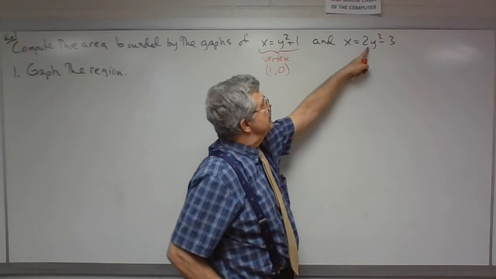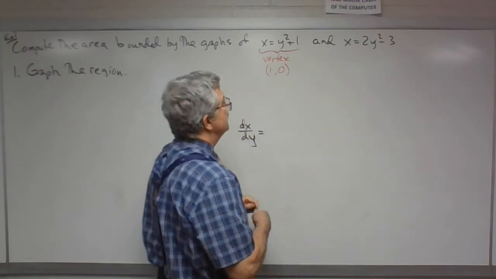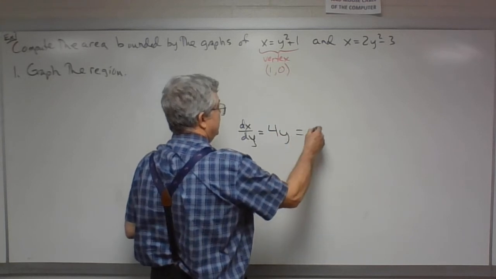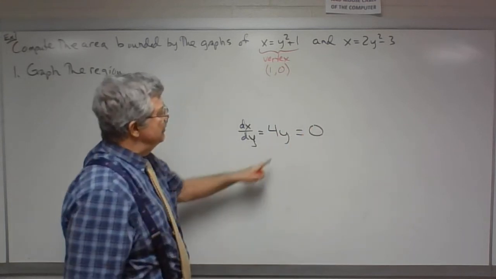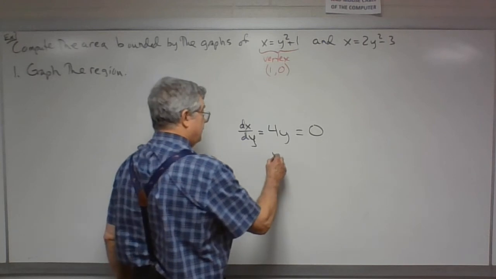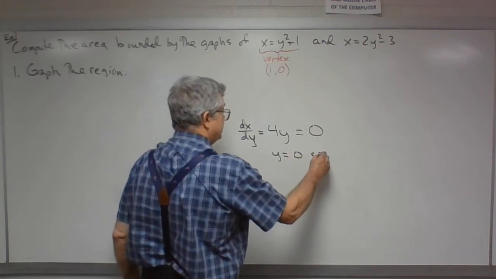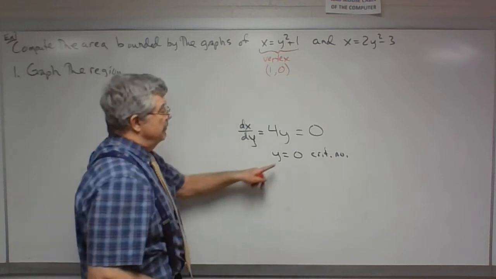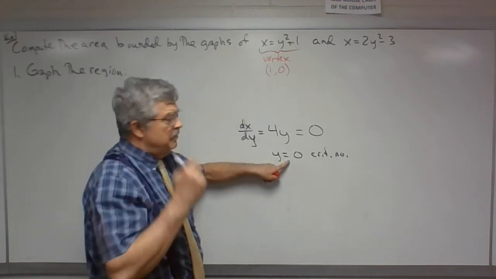Compute the derivative of this with respect to y, and we get 4y. And if we set it to 0, we get the critical number. Y equals 0 is a critical number again. Our vertex is going to be at y equals 0.